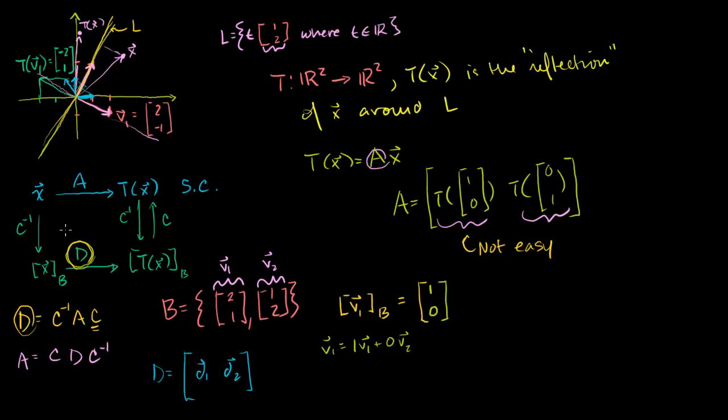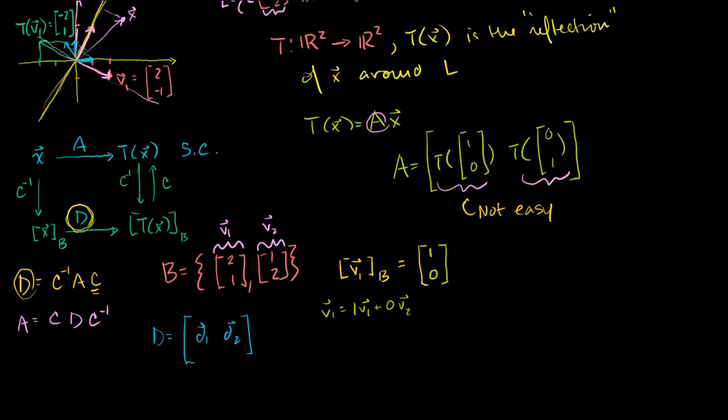So let me write it this way. D, let me scroll down a little bit, although I like to show that little chart right there. D times the B-coordinate version of our first basis vector is going to be equal to d1, d2, the two columns of D, times v1 in B coordinates, right?